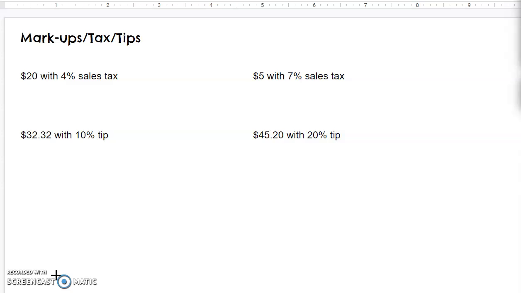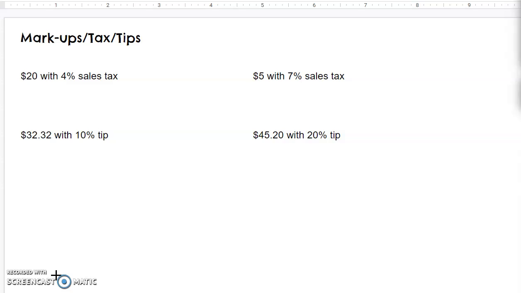And so then I'm selling that $10 item for $30. I've made some profit there because I've got to run my business and pay for everything. So tax, tip, and markup is not only the original price, but it's also an additional amount that you would add to the original.